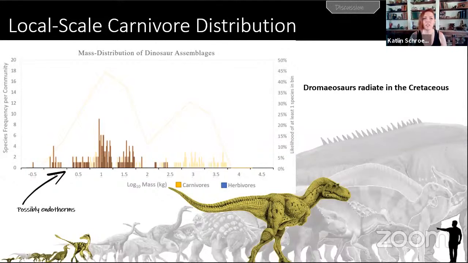It might have given them a competitive edge against other dinosaurs, and it almost certainly would have increased competitive pressure at the low end of the carnivorous dinosaur body size scale. So it's going to be very, very difficult to compete as a small juvenile dinosaur and really, really hard to compete as a small adult carnivore, right?